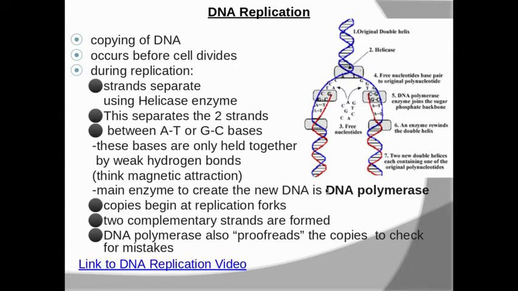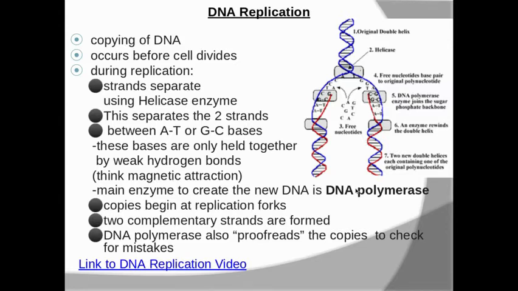There's a specialized enzyme called DNA polymerase. This is the main enzyme responsible for fitting and matching up the A's, T's, G's, and C's with its matching base pair. So that enzyme, DNA polymerase, fills in the missing material.